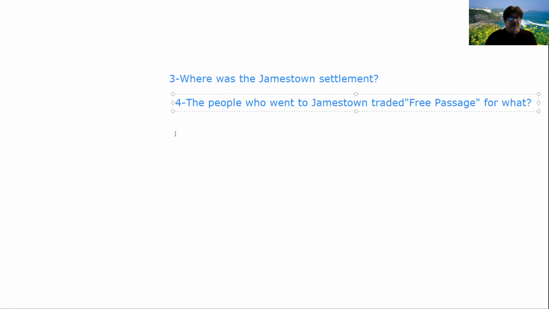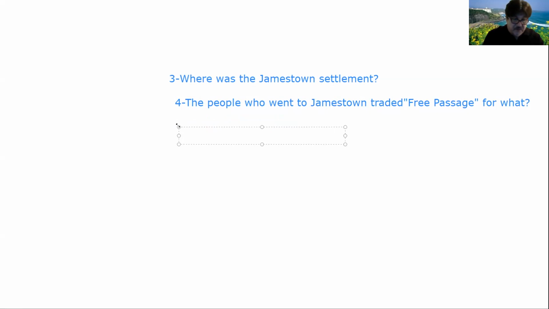So they didn't have to pay the fare, but they did have to pay in another way for this free ship ride from Europe all the way to the New World and what later became known as America. And then the last question for this page.